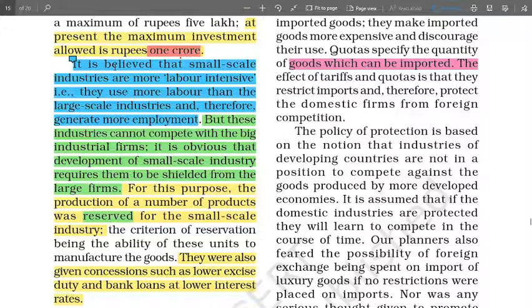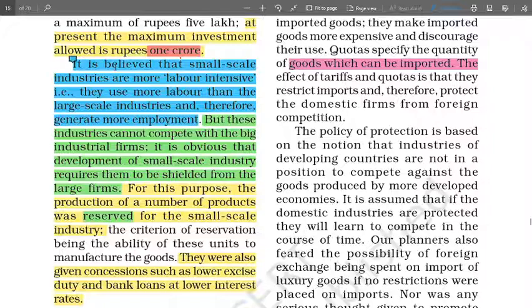It is believed that small scale industries are more labor intensive. What do you mean by labor intensive? They use more labor than large scale industries and therefore generate more employment. So if you encourage small scale, you will employ more people. It's set up by private, small individuals.